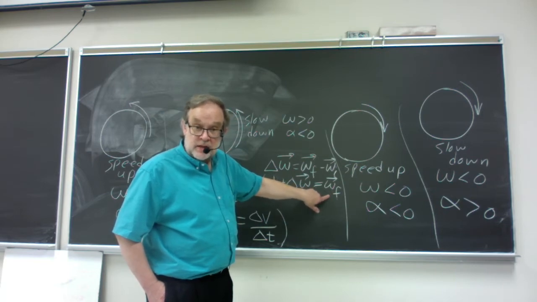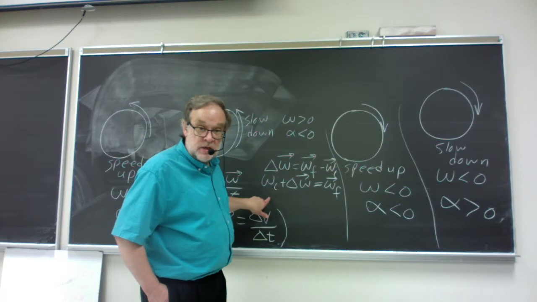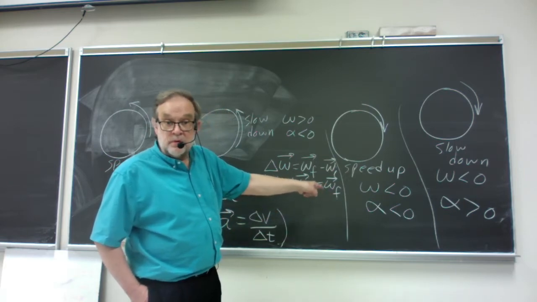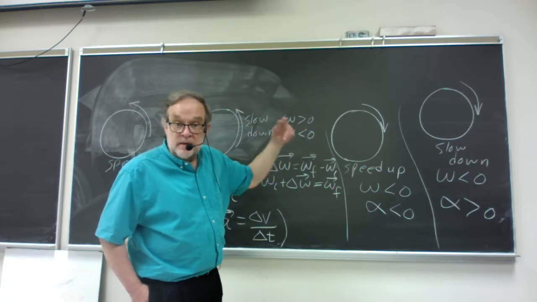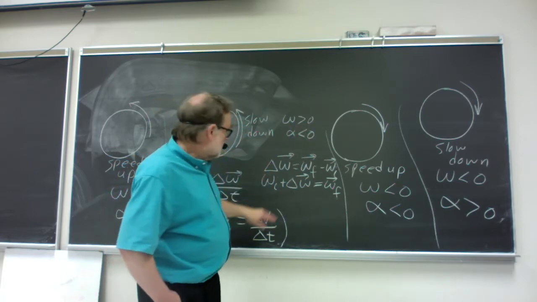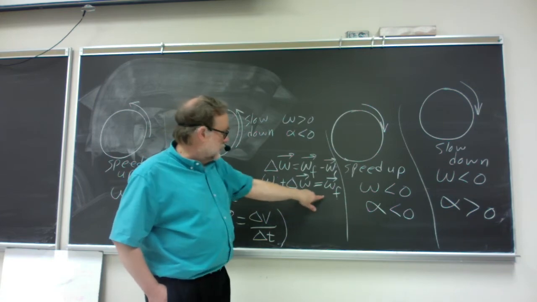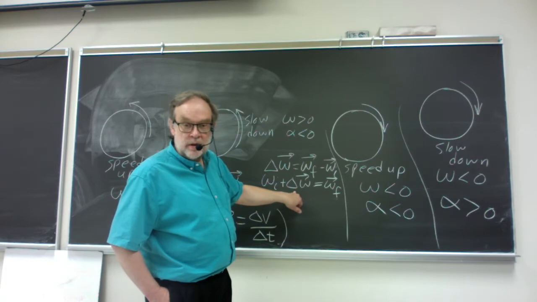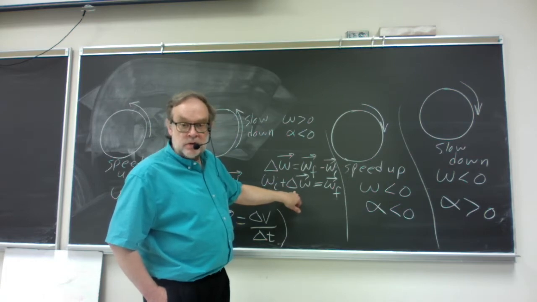Rotating twice as fast as it was here, but -2 means it's rotating in the negative clockwise sense. So to get from -1 to -2, you had to subtract, you had to add more negative angular velocity.